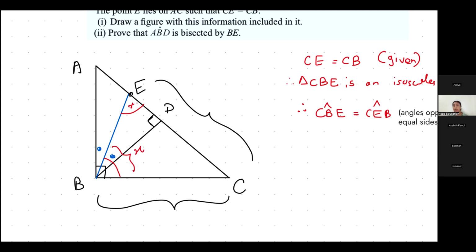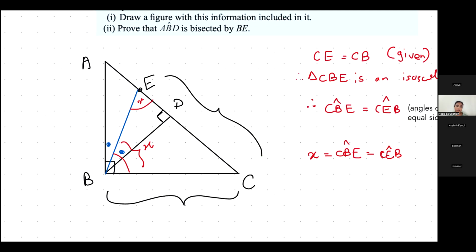CBE and CEB are equal, and we put x for them. So I must write a separate step saying what I put x for: x equals CBE and CEB. That's very important when you're using algebraic symbols. And we put y for this one. So ABE is y.